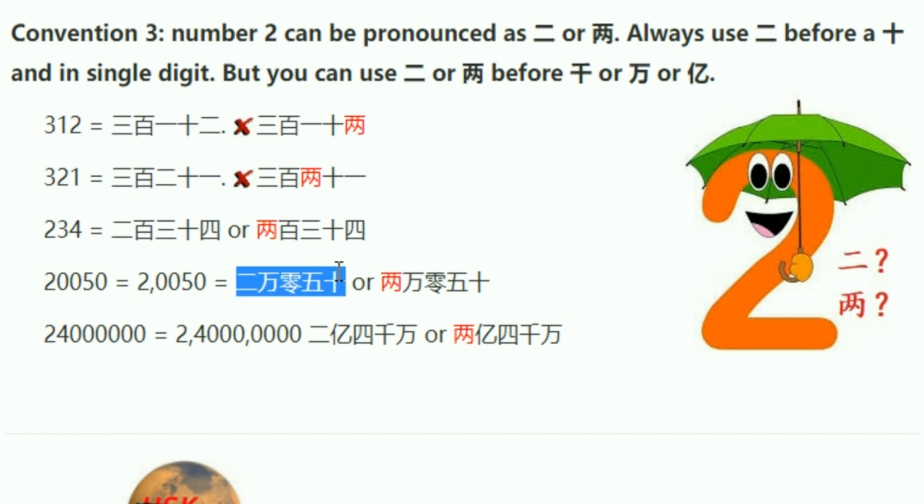Both are okay. And the bigger one, like this one, so comma and comma, this would be 二亿四千万 or 两亿四千万. So that was the topic of Chinese big numbers. How do you say that? Thank you.